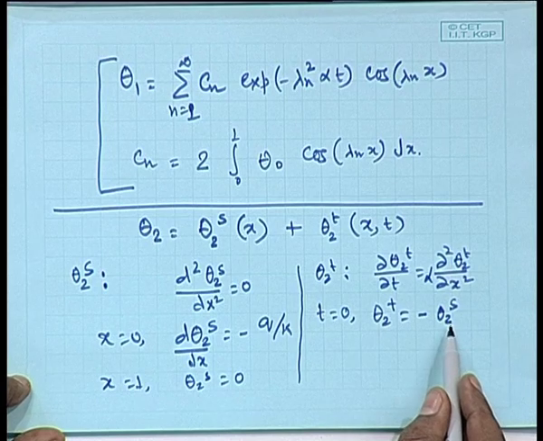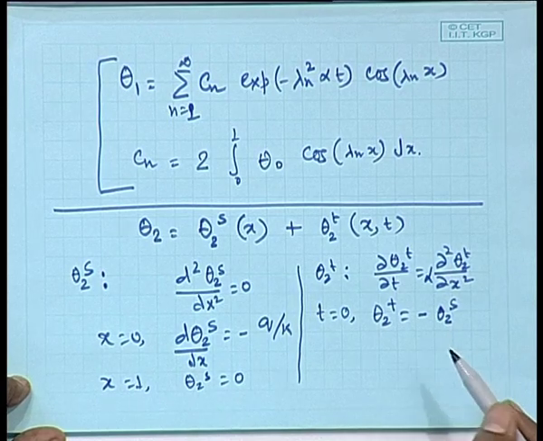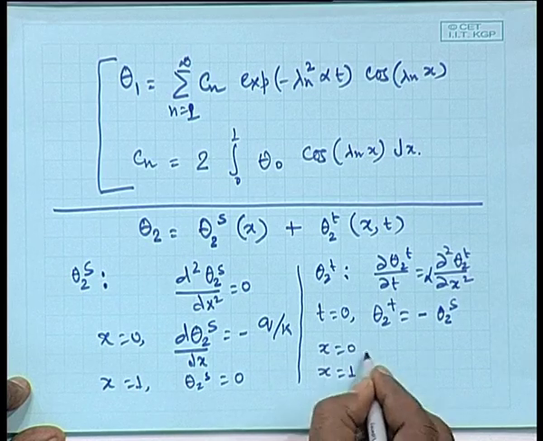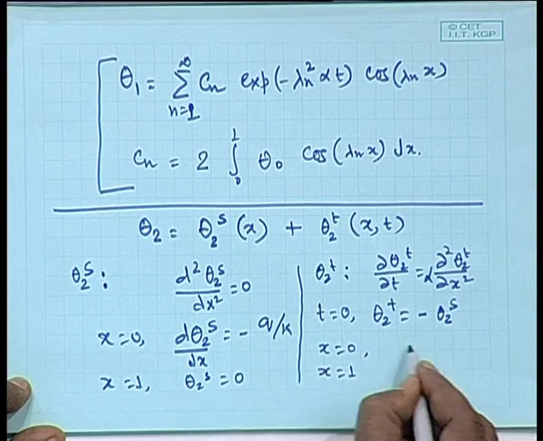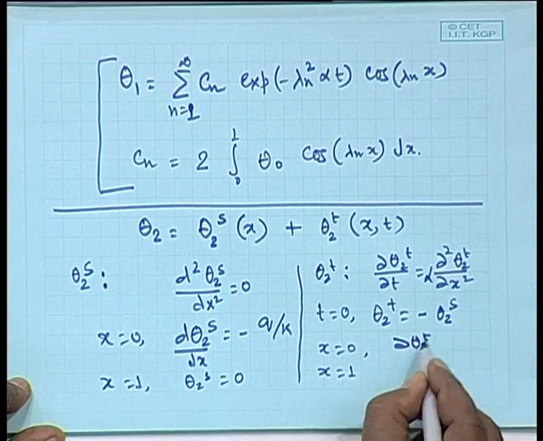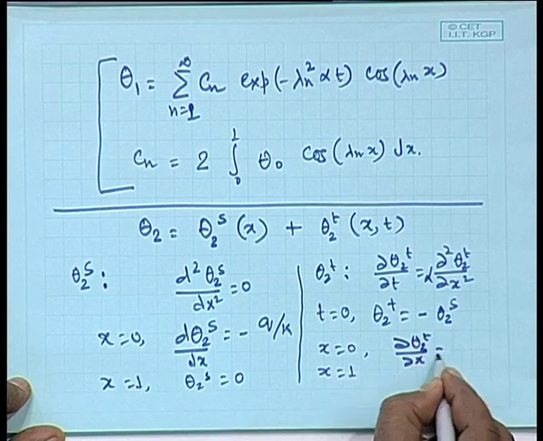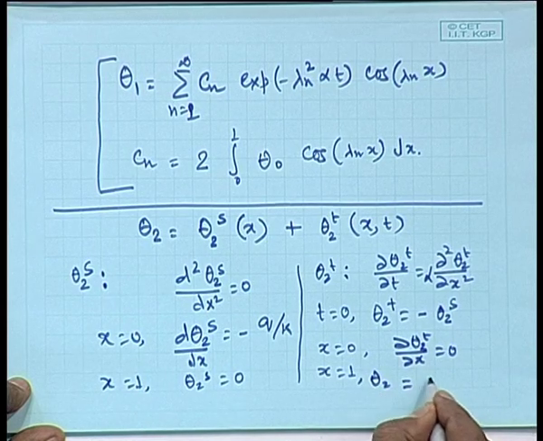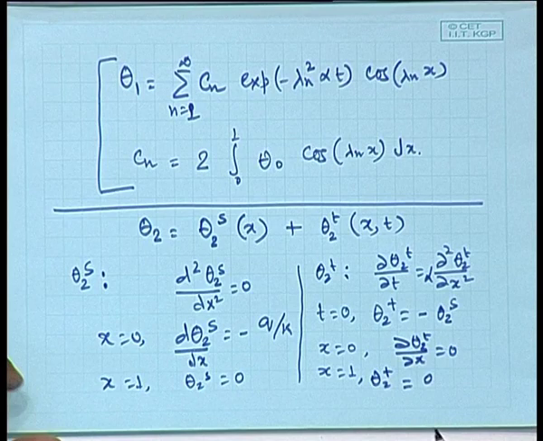These will again be derived exactly following the same steps we did in the first problem. At x equal to 0 and x equal to 1, you will be having the homogeneous boundary conditions: del theta 2 t del x is equal to 0 at x equal to 0, and theta 2 t is equal to 0 at x equal to 1.